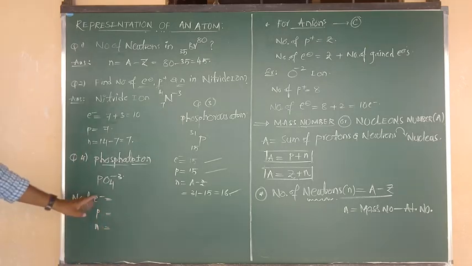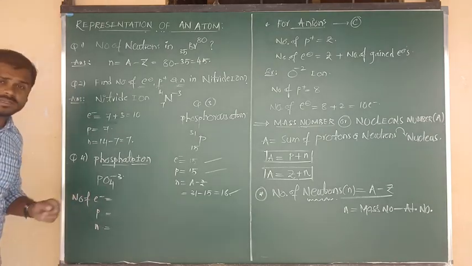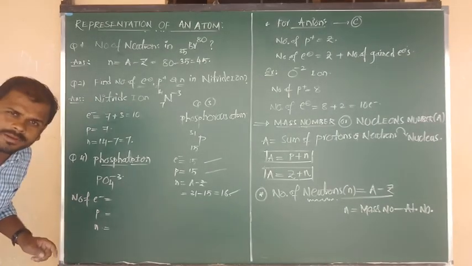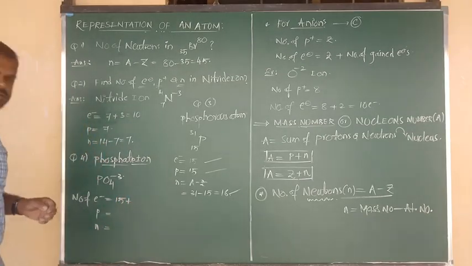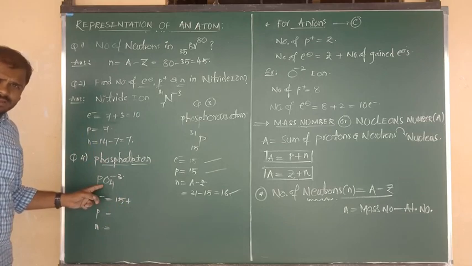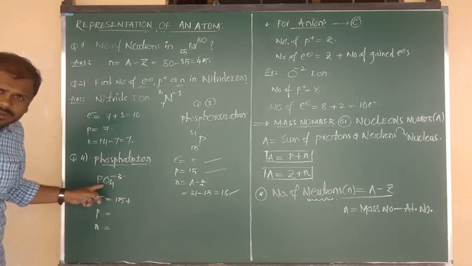First of all, the number of electrons. How can we calculate it? One phosphorus atom is there, atomic number 15, so it contains 15 electrons. One oxygen atom has atomic number 8, so one oxygen contains 8 electrons.